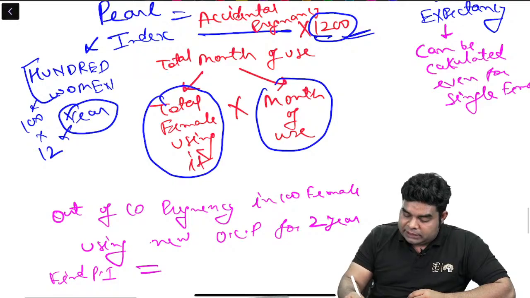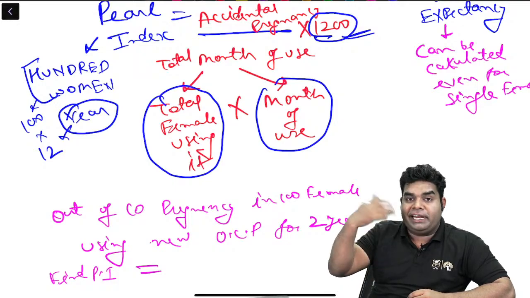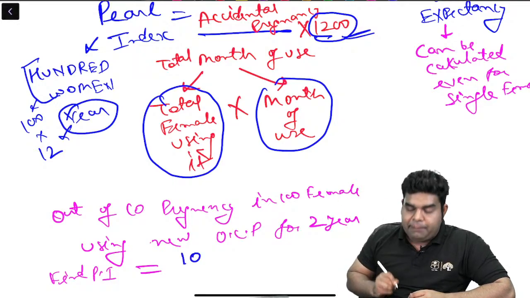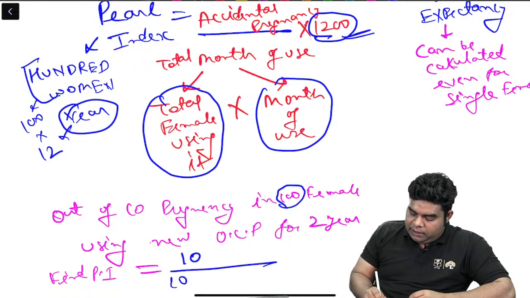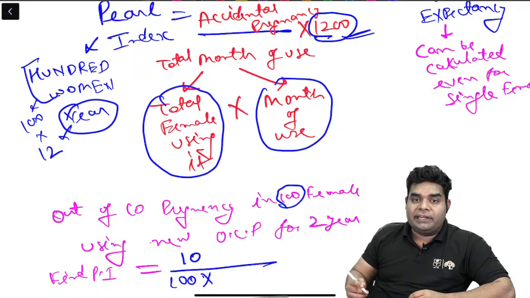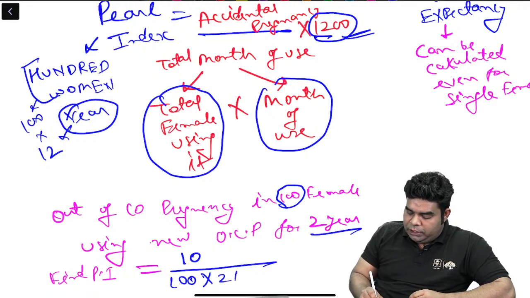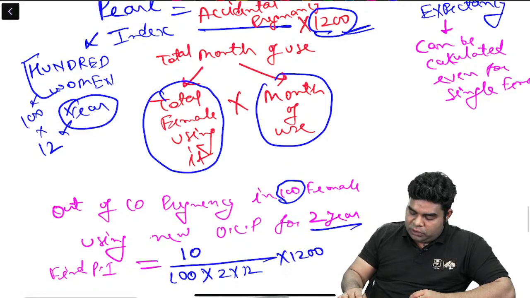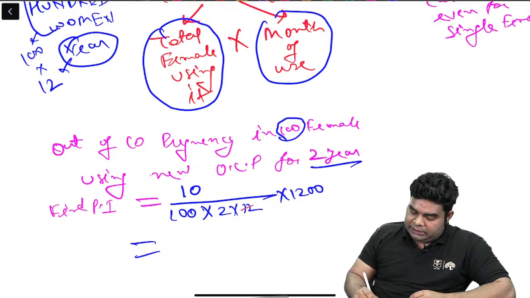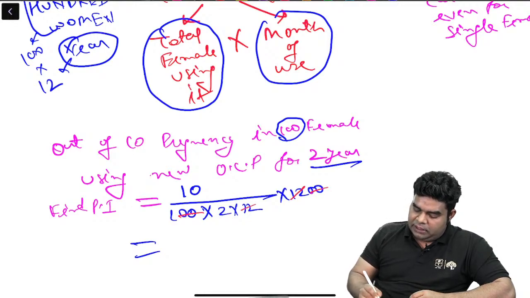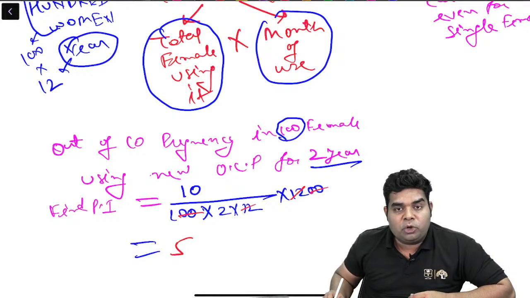In Pearl index, simple thing, we write accidental pregnancies above, so we write 10 above. In the denominator, how many females are there? 100 females. And how many months are they using it? 2 years means 2 into 12 months, 24. Multiplied by 1200. If you do it, the 12 will cancel, the 00 will cancel, and 10 by 2 means Pearl index will come out to be 5.